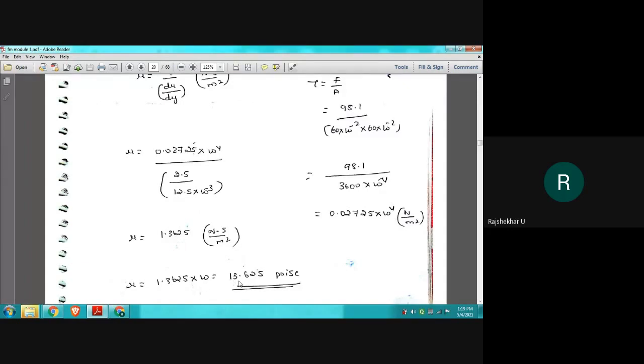Now we have to find out kinematic viscosity. This is dynamic viscosity. So what is the relation between kinematic viscosity and dynamic viscosity? Can anybody just tell the definition if you remember? What is the relation between the dynamic viscosity and kinematic viscosity?